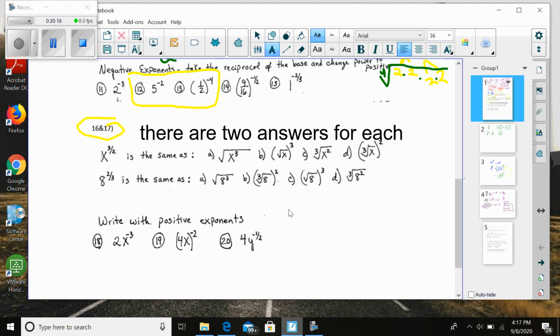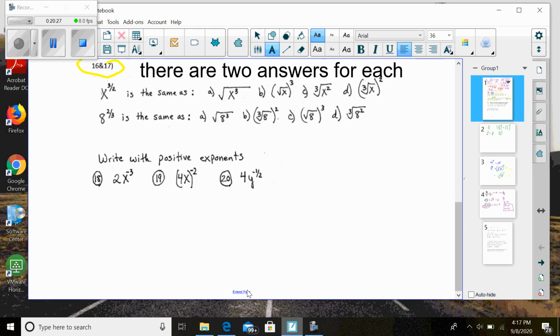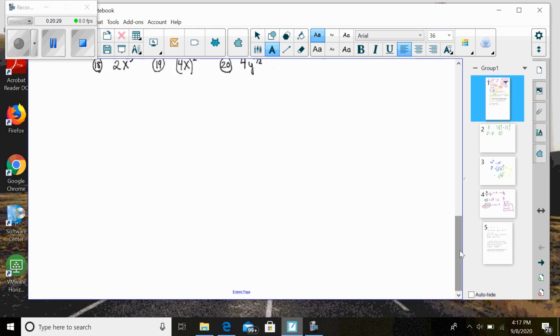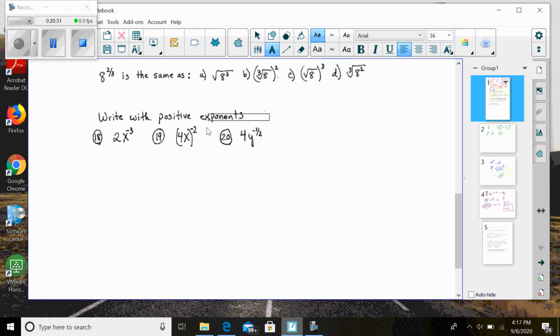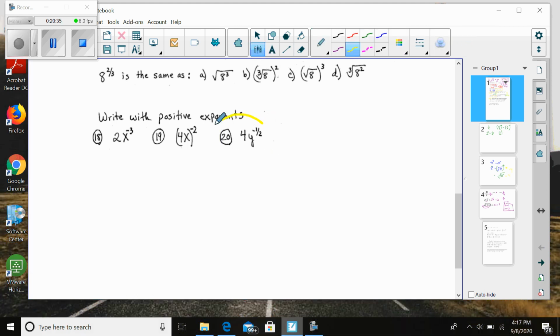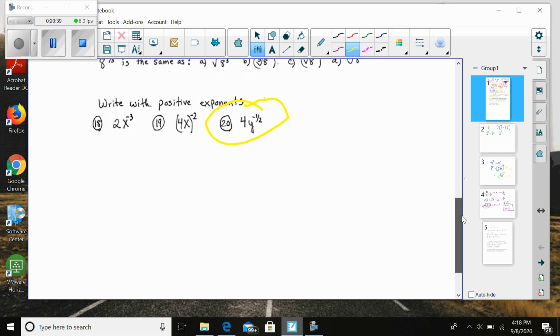All right, two of these choices will be equivalent. Okay, so make sure you find both of them. So we're going to do 16 and 17. And then we're going to come over to 18. And the one that you're going to do for participation will be number 20. Oops, let me get my yellow. Okay, so that'll be the participation assignment for today.